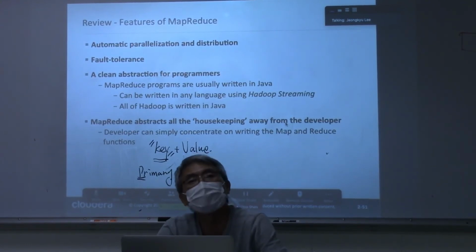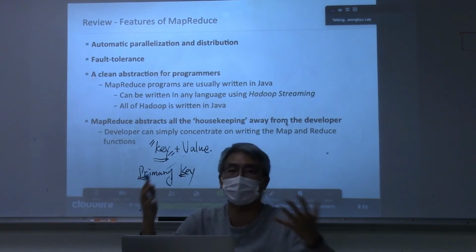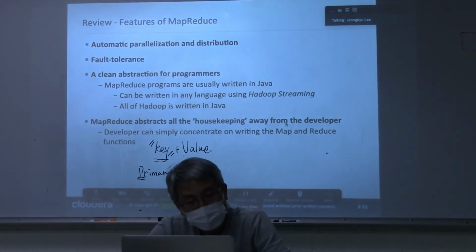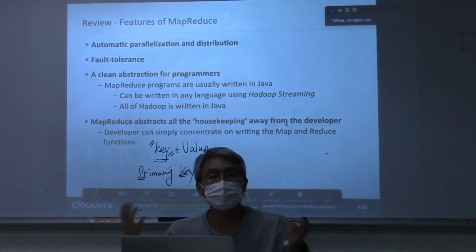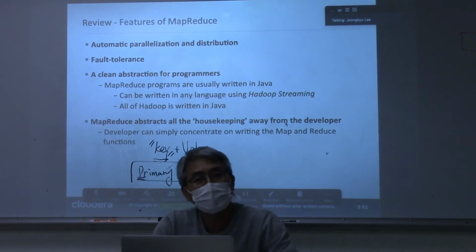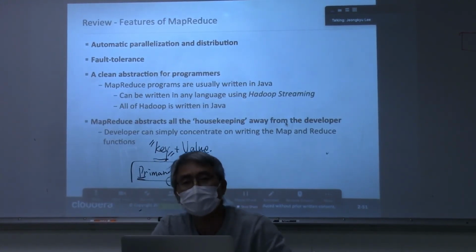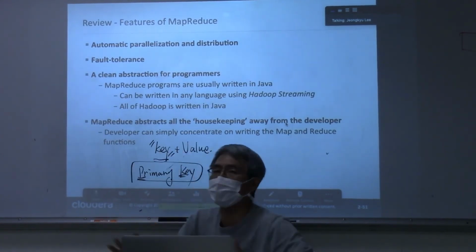Because of that, it's very hard to explain key in general. Actually, in data, the primary key is a very special case. Sometimes you cannot find the primary key. Primary key is only for the relational model.